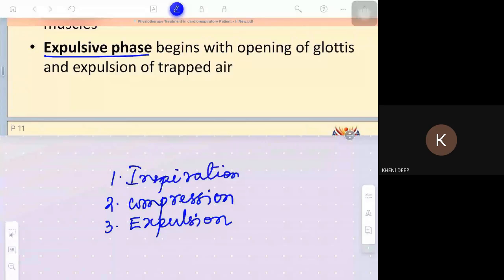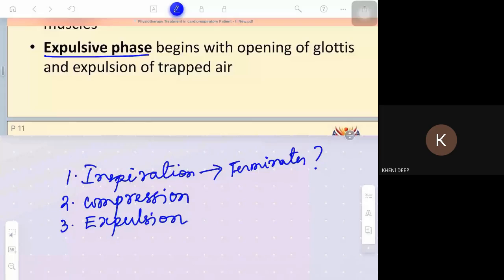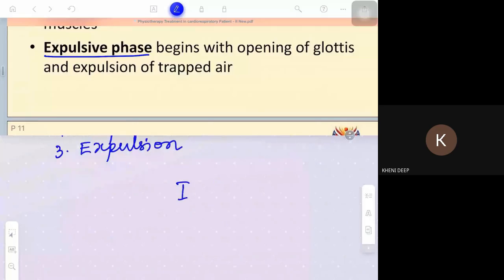These are the three phases. So when the inspiration phase will terminate, what is the procedure I have told? First, you should take inspiration, and after taking inspiration, what will he do?